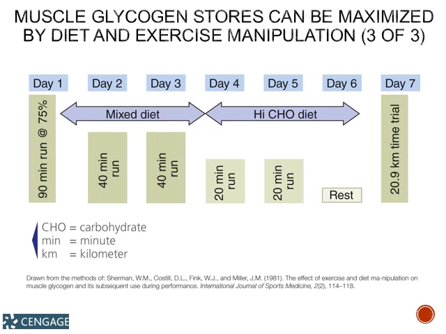Days 4 through 6 are the loading period in which carbohydrates are consumed at a rate of 10 grams of carbohydrate per kilogram of body weight during the repletion stage.